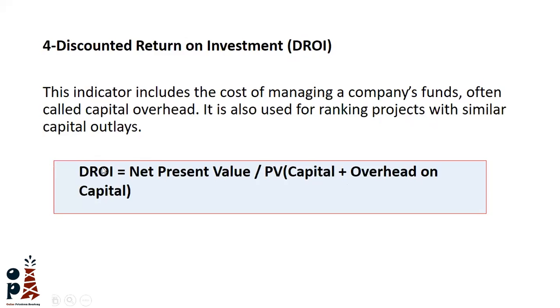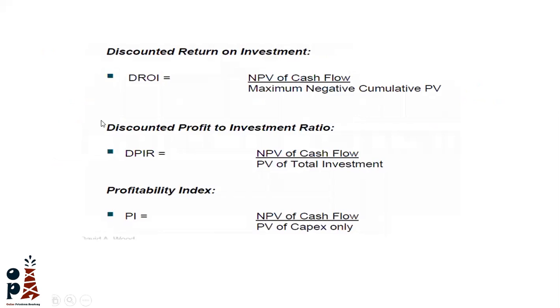So this indicator is special if you have a similar project with the same capital cost. And there are three more indicators which depend on which investment you take. If you take maximum negative cumulative cash flow, this is called the discounted return on investment.